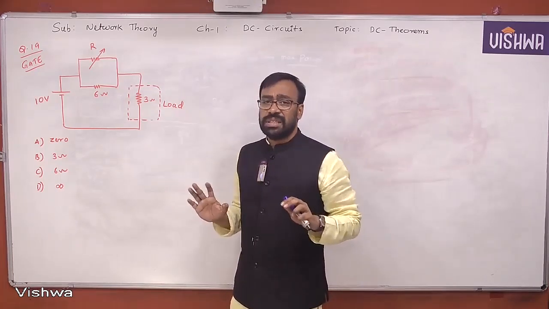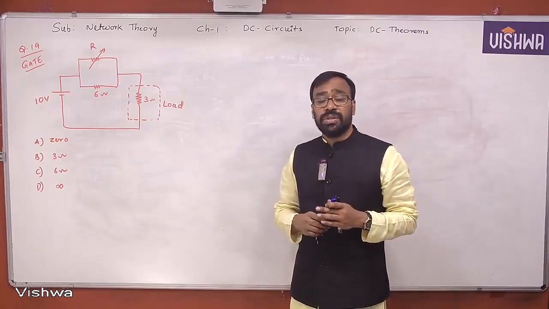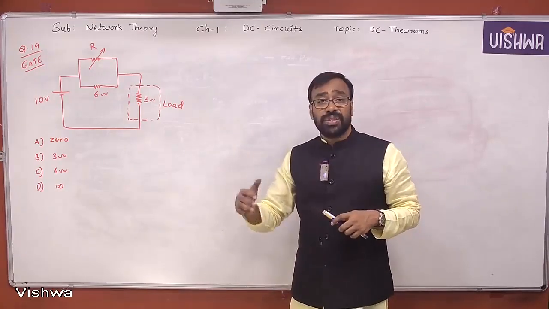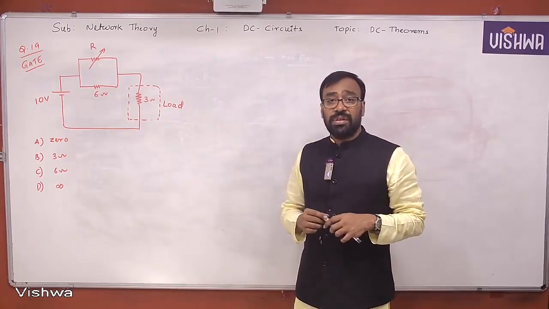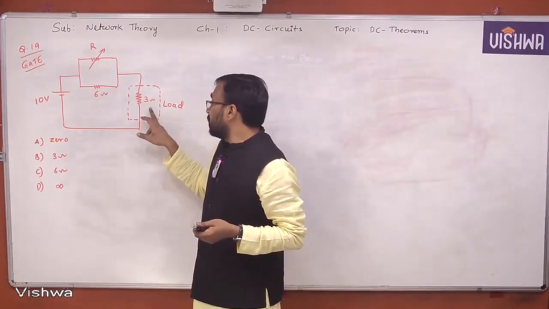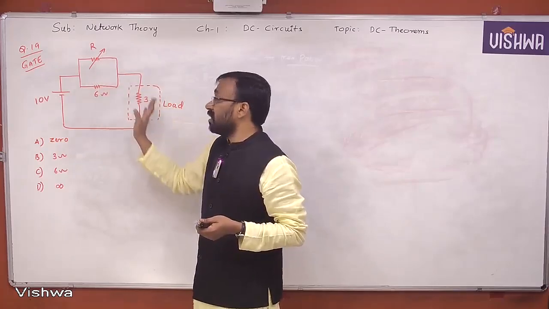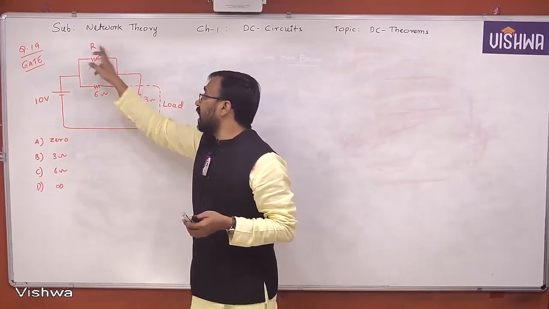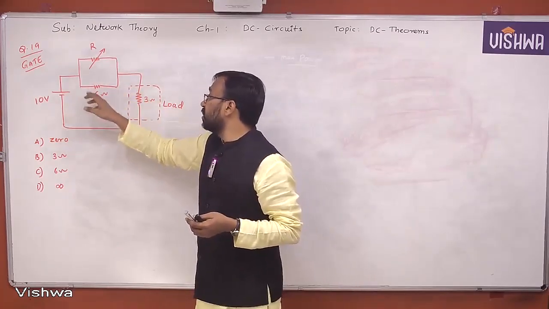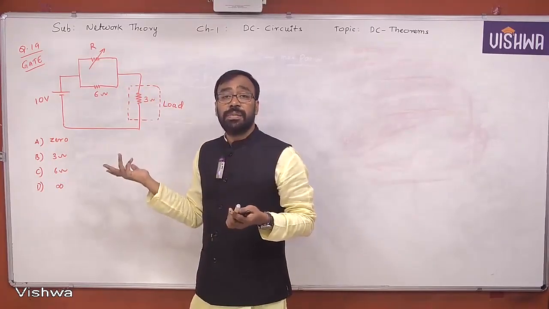Many of the students in the exam made mistakes in this particular problem, because after completing their GATE exam, many students shared their views. Some people got the answer something like this. Sir, this is 3 ohm. Therefore, if I put 6 ohm here, 6 parallel 6, 3 and 3, then this is RTH, this is VTH, this is RTH, this is RL. When RL is equal to RTH, then what is the problem?